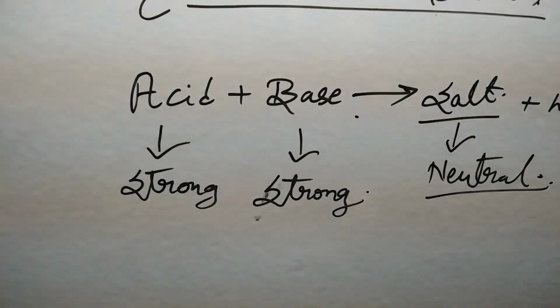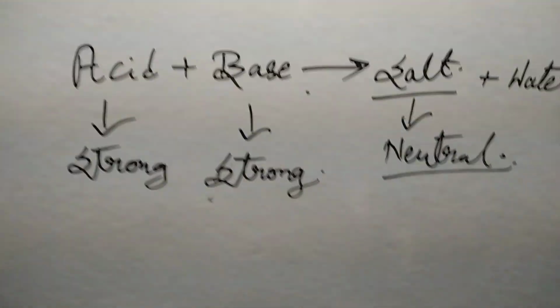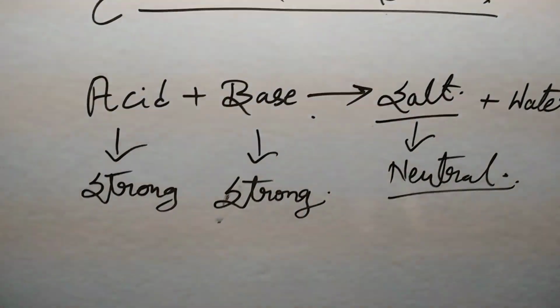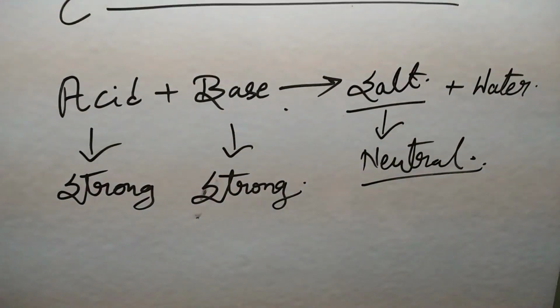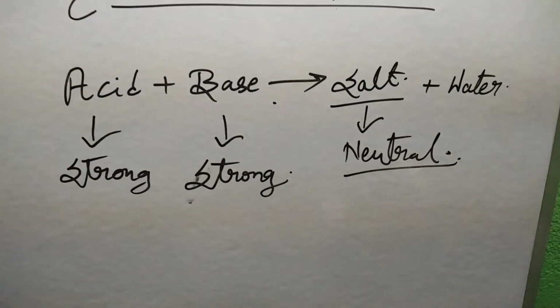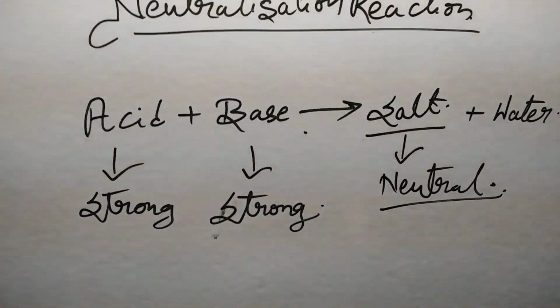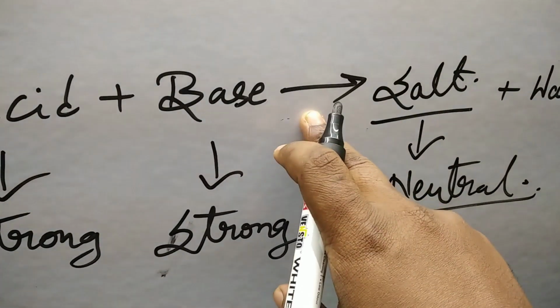Means when strong acid reacts with strong base, it forms neutral salt. And since the reaction is a complete reaction, we use this arrow sign.